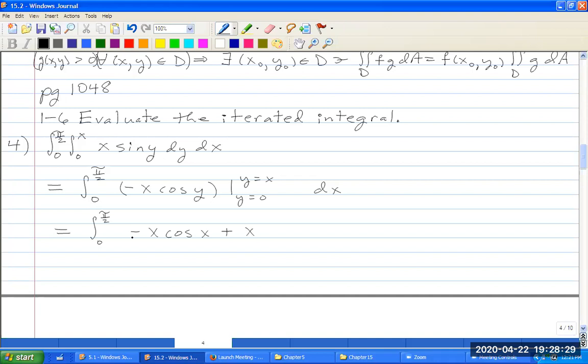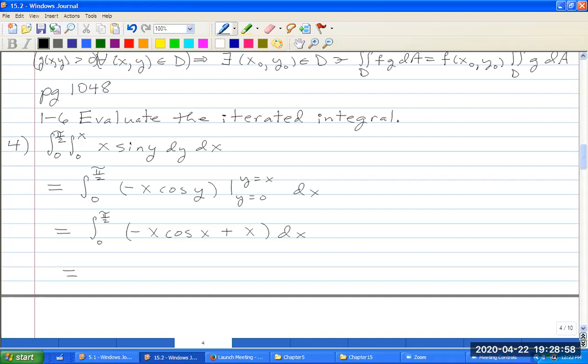That becomes an x. So now let's integrate this. The integral of x cosine x, well, I can do that several ways. I guess the way that I'm going to do that is integrate by parts.